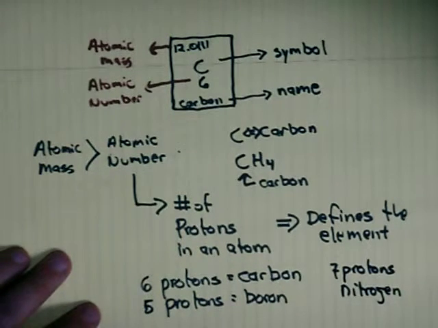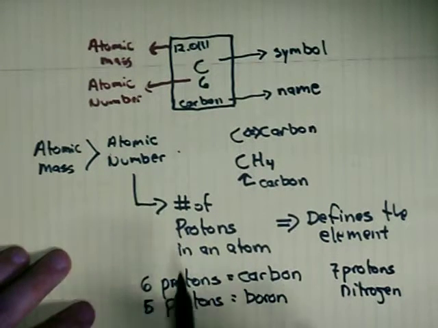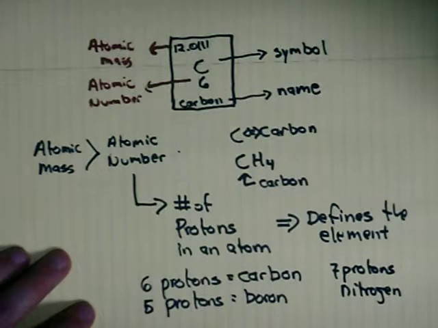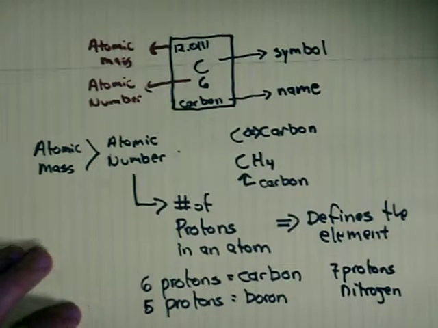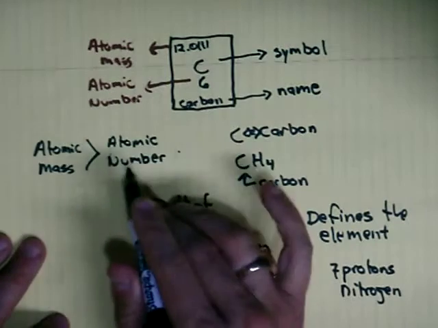And so this goes back to the idea that this atomic number, the number of protons, is unique for that element. So 6 protons is always carbon. 5 is always boron. 7 is always nitrogen. Uranium always has 92. Iron always has 26. Things that just don't change. So the second number, that's the atomic number.